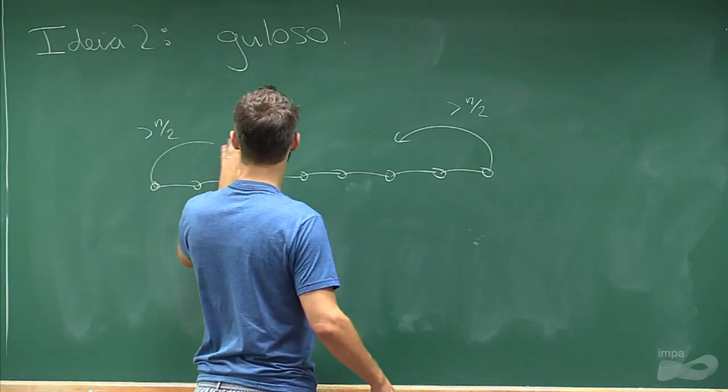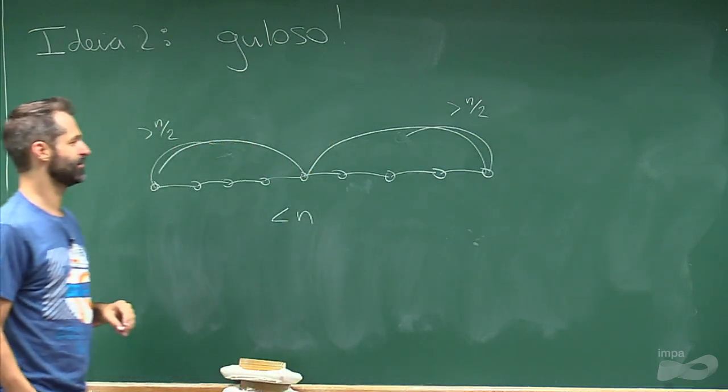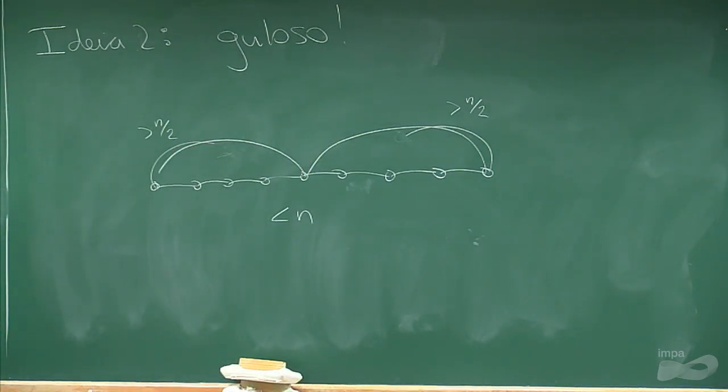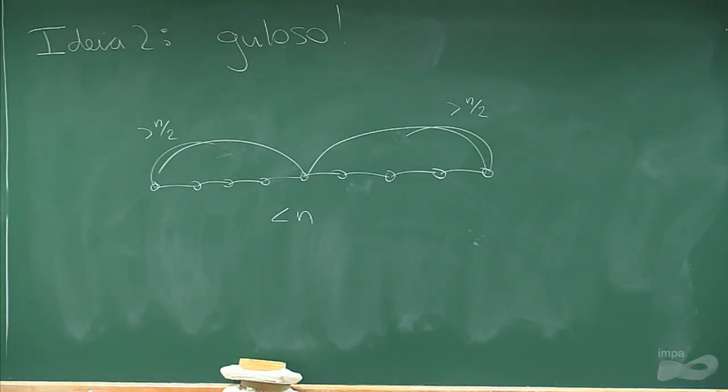So you can find a common neighbour. Does that help? Then you erase one of these edges and use the new one.